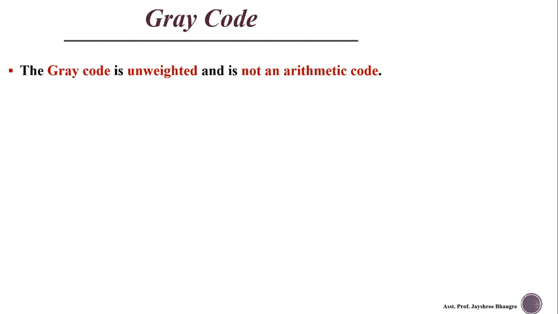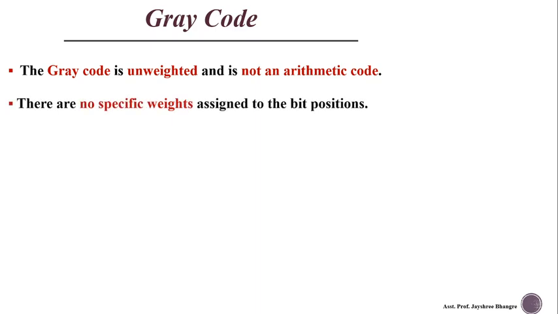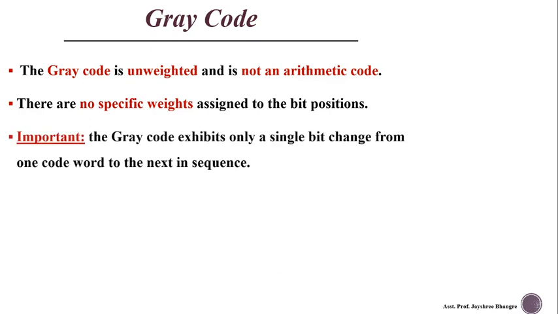But the gray code is non-weighted. So there are no specific weights assigned to the bit positions. That is why it is called a non-weighted code. And the important thing about the gray code is that it exhibits only a single bit change from one code word to the next in a sequence.